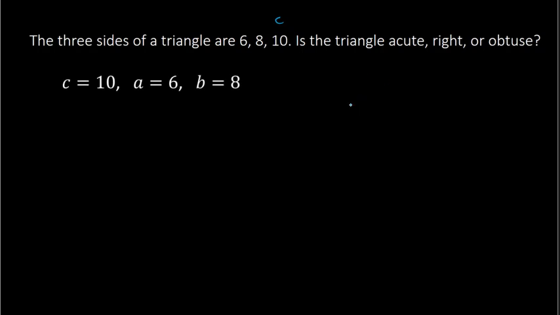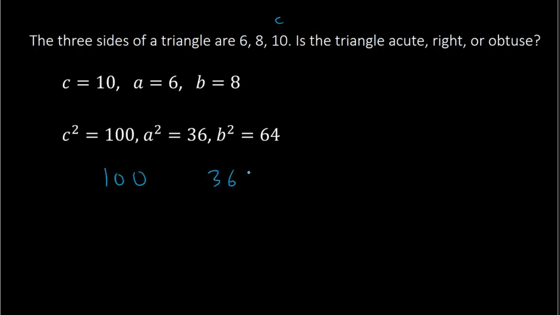So the question is, how does c squared compare to a squared plus b squared? Well, c squared is 10 times 10, which is 100. 6 squared is 36. 8 squared is 64. So how does 100 compare to 36 plus 64?